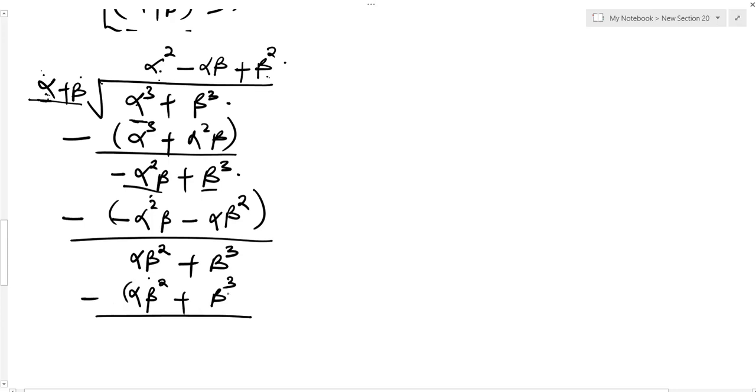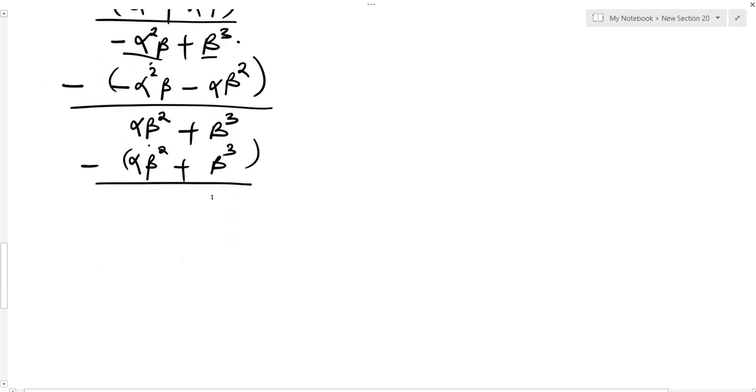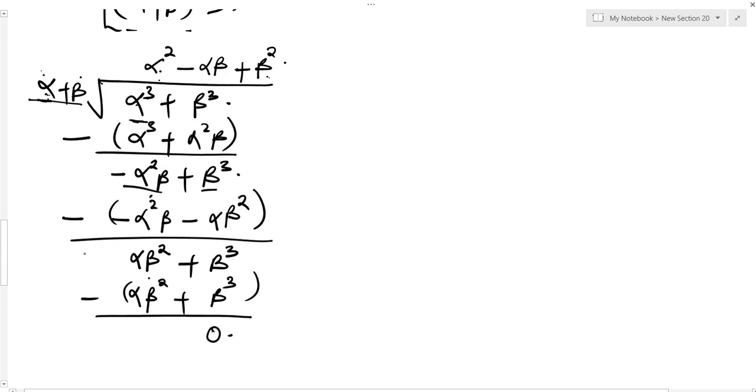Now if you subtract this, since they are the same, it will be 0. So that means this divided by this, the solution is this, the answer is this.